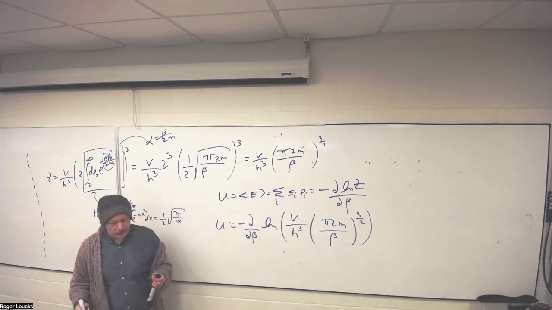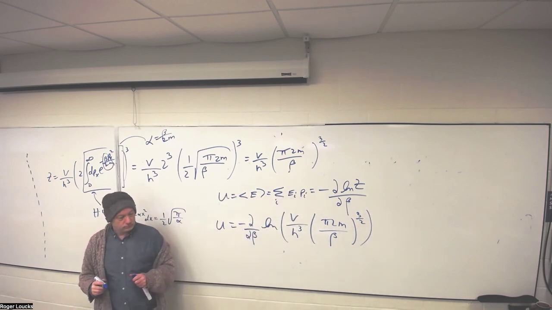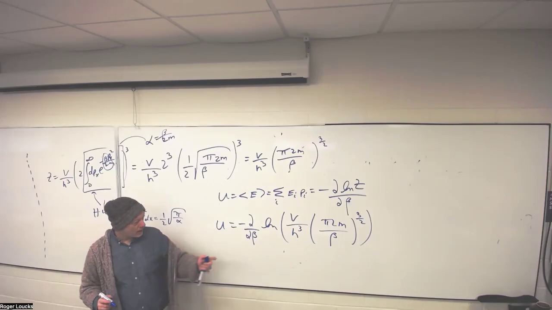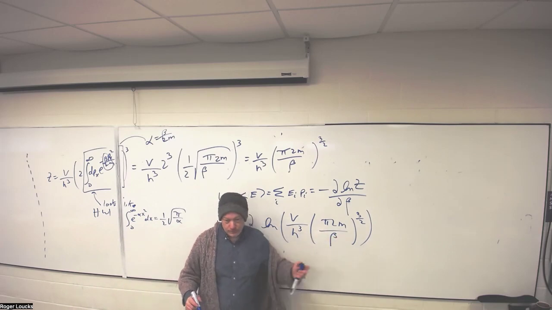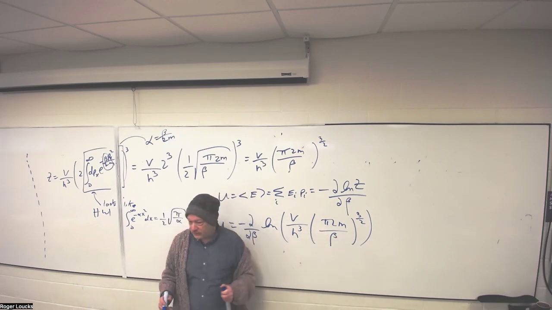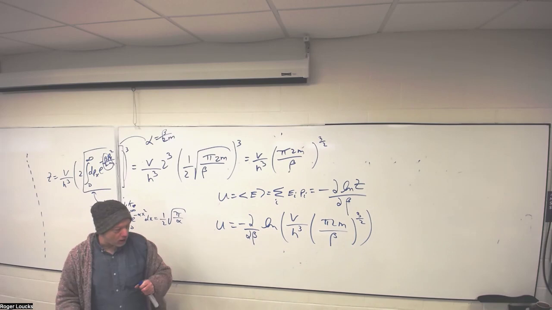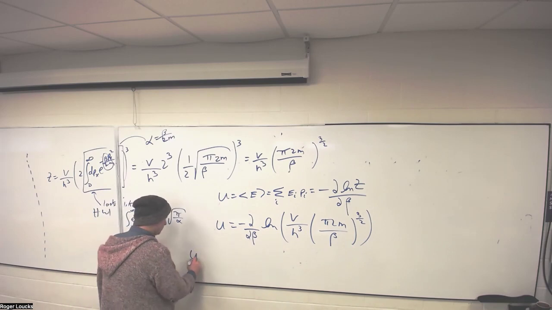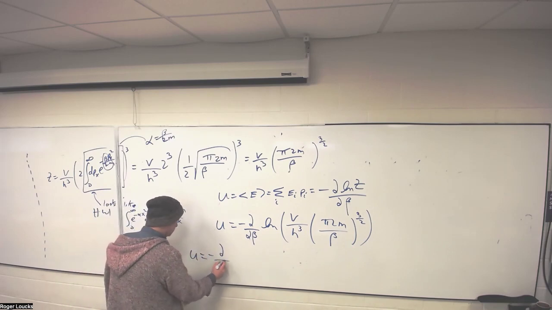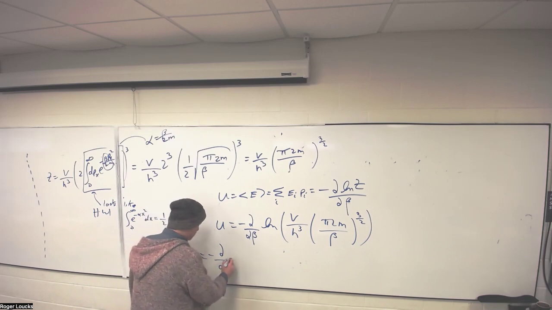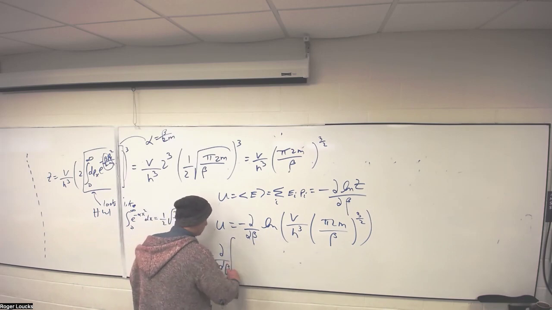What would I do first? Well, I would do the log of all this here, and I would try to get the beta all by itself. We're going to use the properties of logs. So what does this equal then?